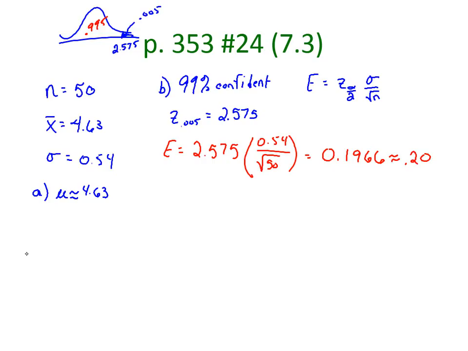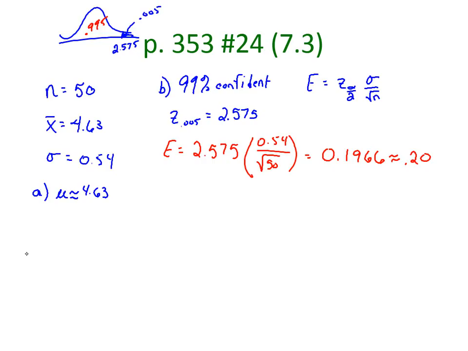Now, what is my confidence interval? How would I find my lower limit and my upper limit? I'm off by 0.20, but off from what? Okay, I'm off from the mean, because the mean is my best guess, and it might be a little above by 0.2, or a little below by 0.2.